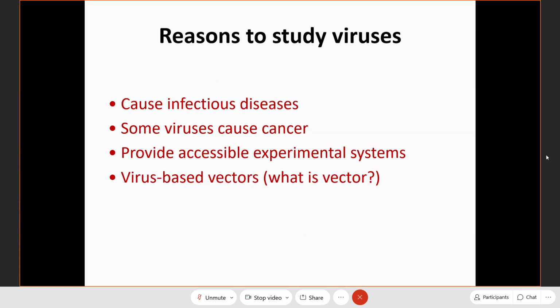So the virus needs cells, living cells. They can be human cells, animal cells, plant cells, fish cells, bacteria cells. Bacteria are actually cells, and bacteria can be infected by viruses.